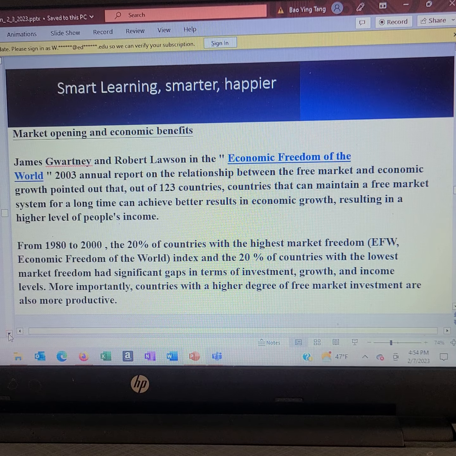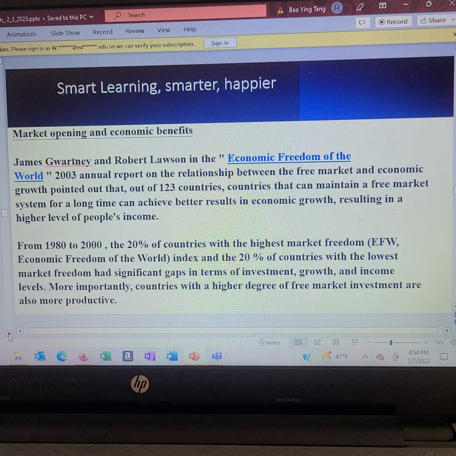From the 1980s to the year 2000, the 20% of countries with the highest market freedom, by the Economic Freedom of the World Index, and the 20% of countries with the lowest market freedom had significant gaps in terms of investment, growth, and income levels.